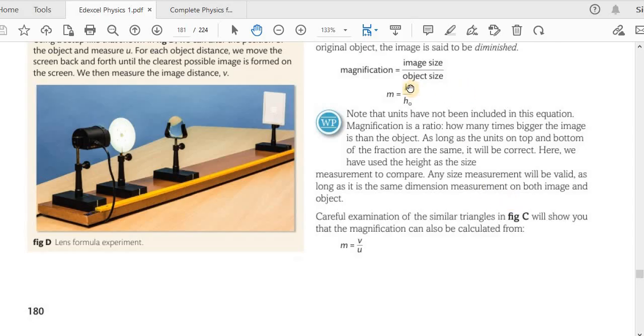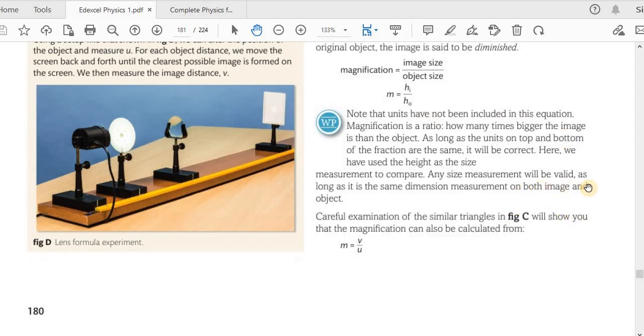So for example, this can be centimeters, this can also be centimeters. That's why they are using h for size. Now normally the letter that starts with size is s, but here we are using h because it's not the size that we are actually considering. When we say size, it's basically the height that we are referring to.